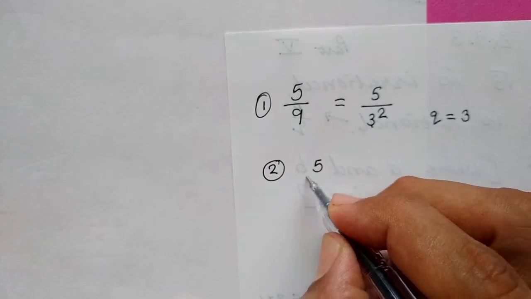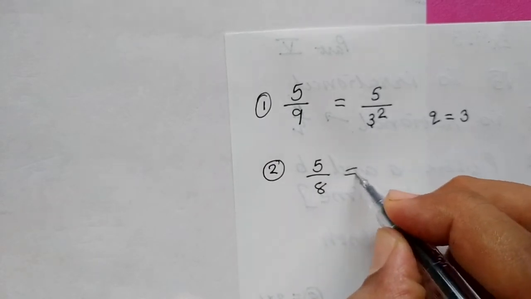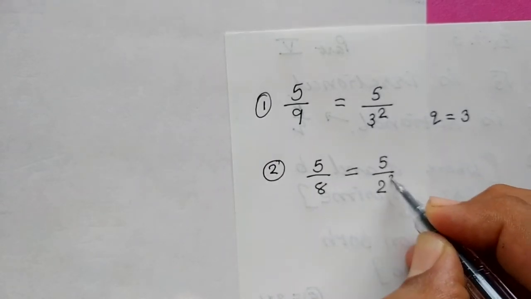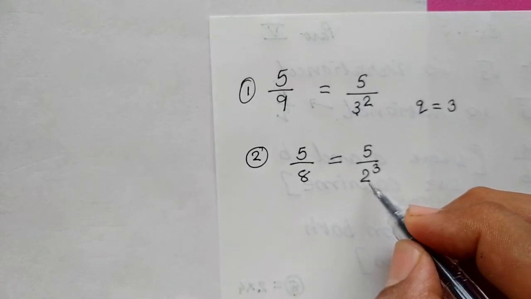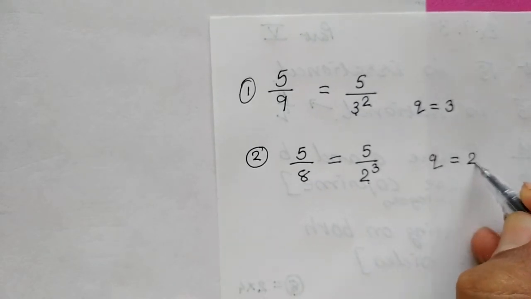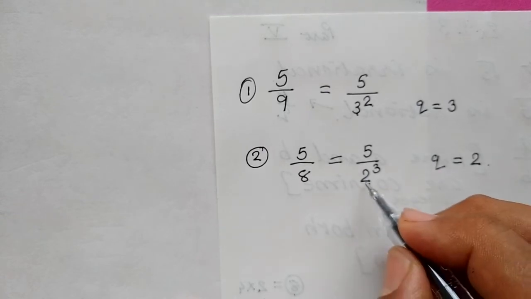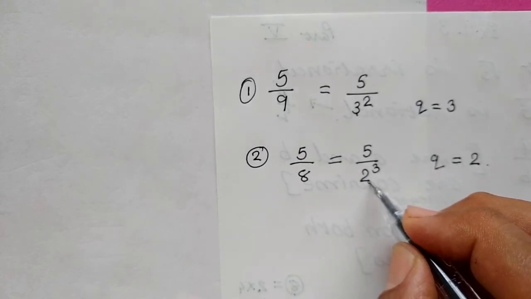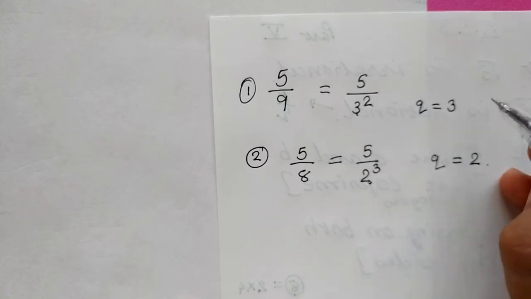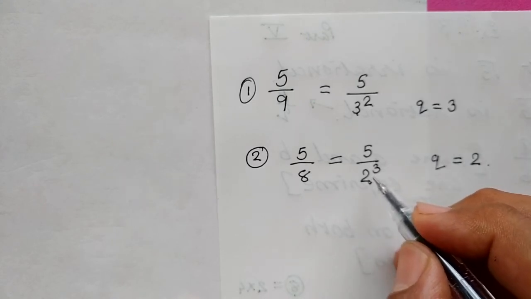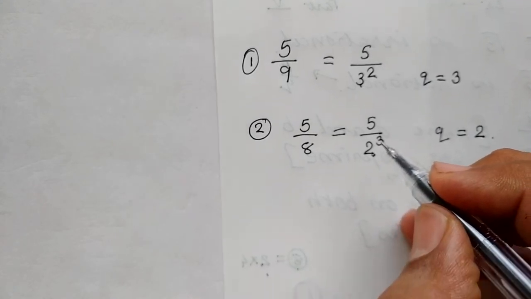Suppose I write 5 by 8. So it is 5 upon 2 cube. So here q is equal to what? q is equal to 2, or 2 raised to 3, anything. The denominator has 2. Definitely when you find the decimal expansion, it will be a terminating decimal expansion.